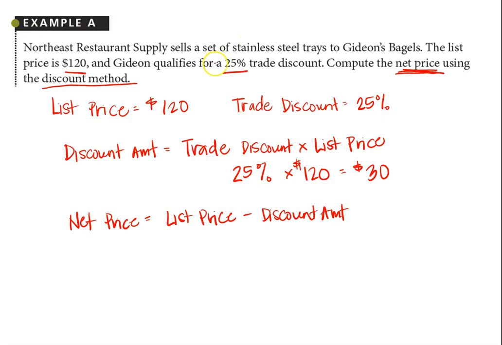Our list price was given to us, that was $120, and the discount amount is $30. So the net price is $90. So $90 is what Gideon's Bagels is going to pay Northeast Restaurant Supply for that set of stainless steel trays after their discount.